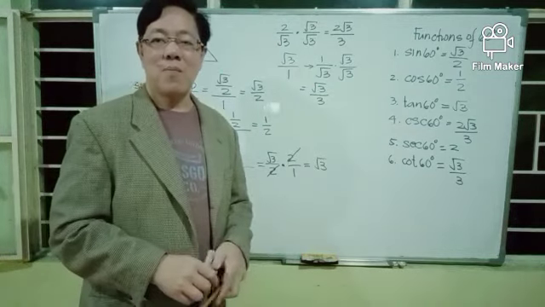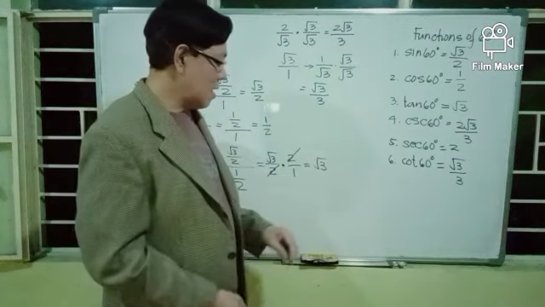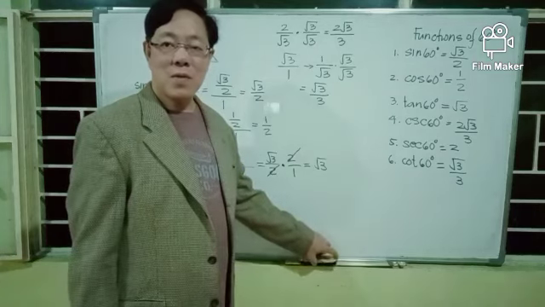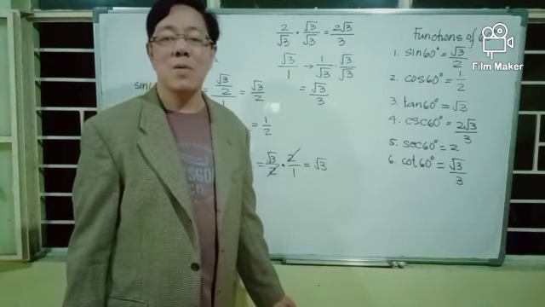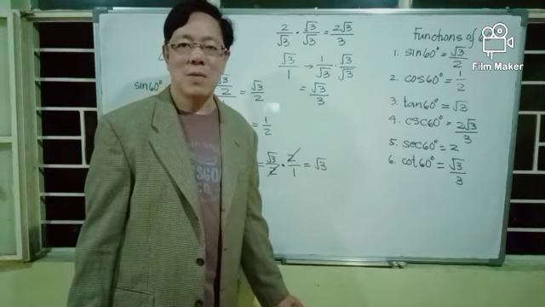Now, we take an example of finding the values of the 6 trigonometric functions of an angle that is a multiple of 60 degrees.